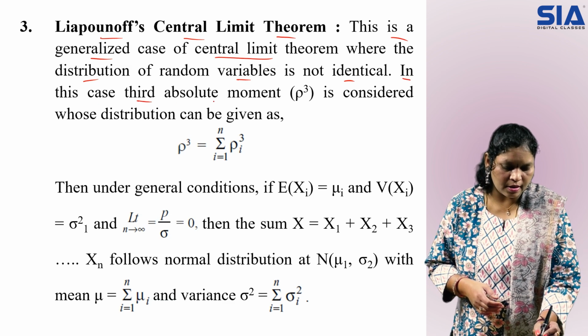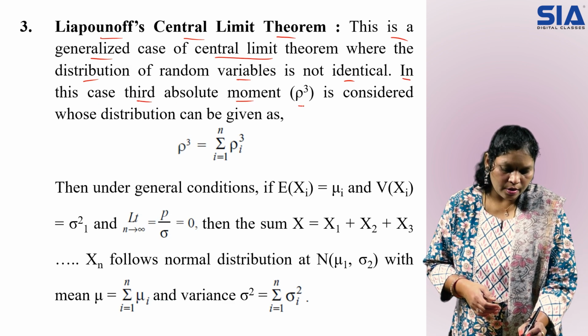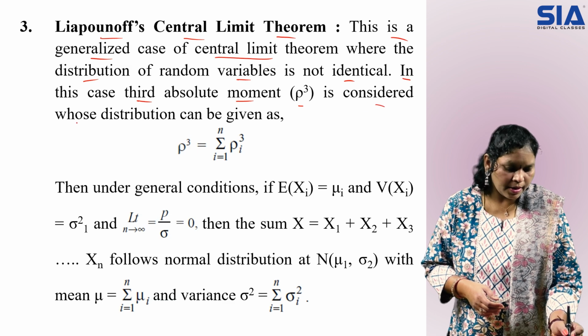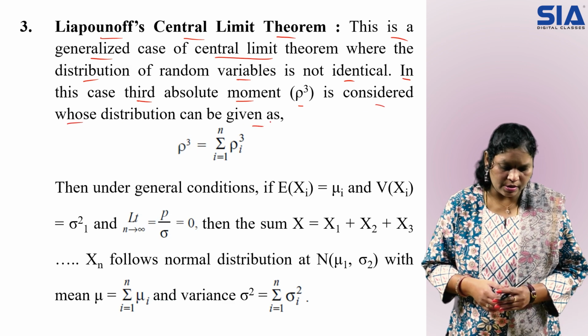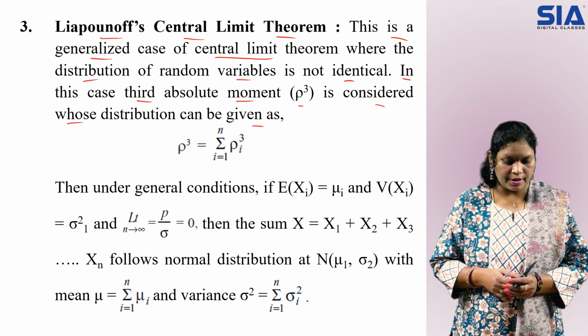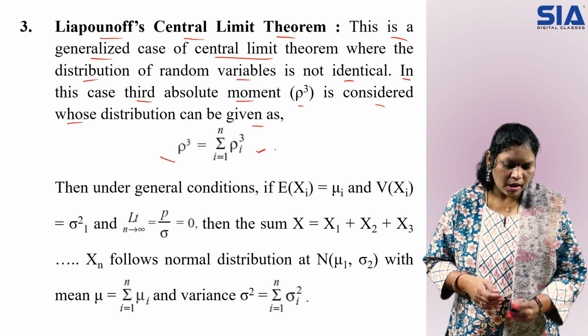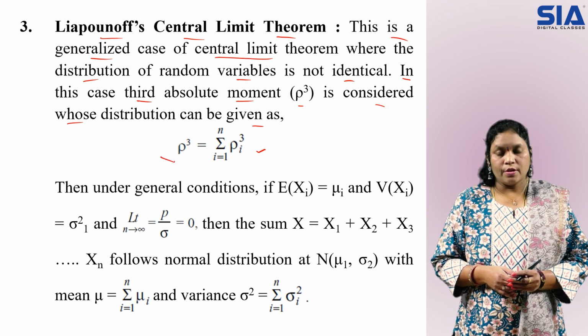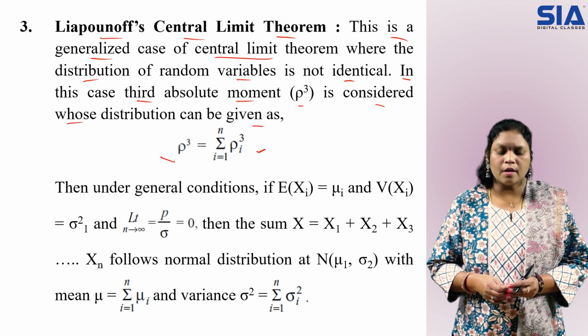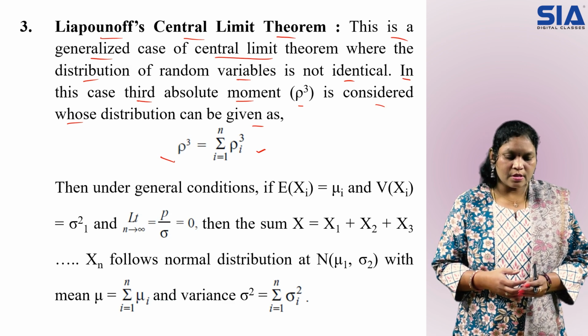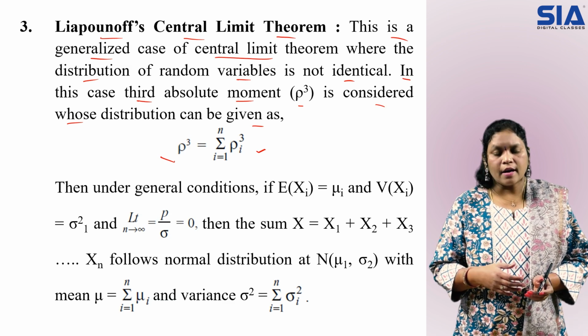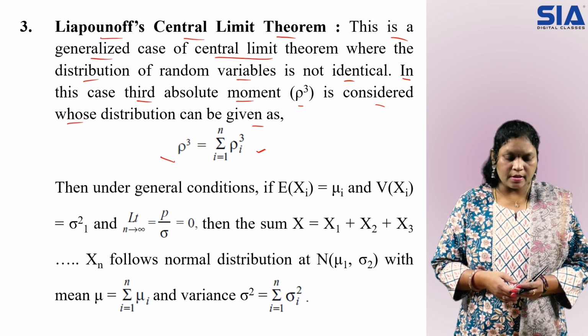In this case, the third absolute moment rho cube is considered, which can be given as rho cube equal to summation i equal to 1 to n of rho i cube.